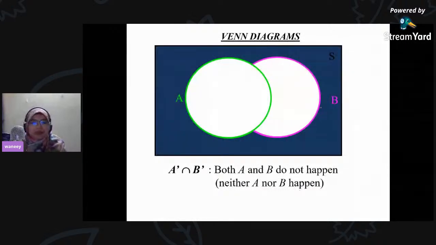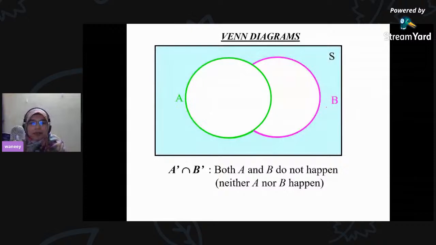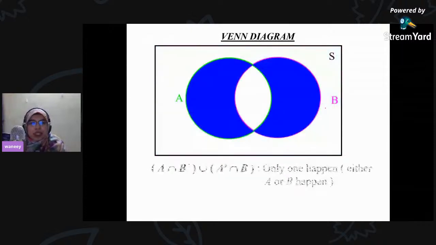Okay, next. A overlap with B prime, union with A prime overlap with B. Only one happens, so either A or B happens. They cannot happen at the same time.